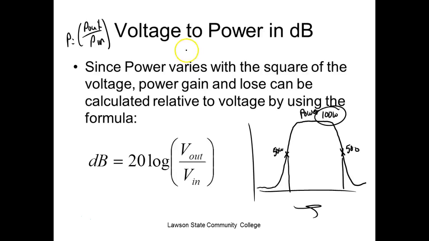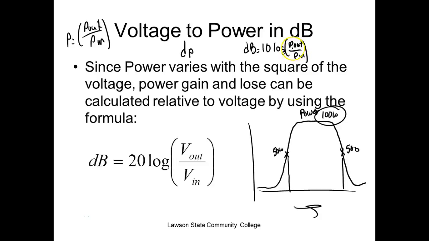Now, if I wanted to go to dB, we'd say dB would be equal to, and this is the way we say it, guys, so you just have to get used to it, 10 log P out over P in. This gives me the power gain. But you have to do this backwards. This is the way they give you the formula, but you have to do it backwards.